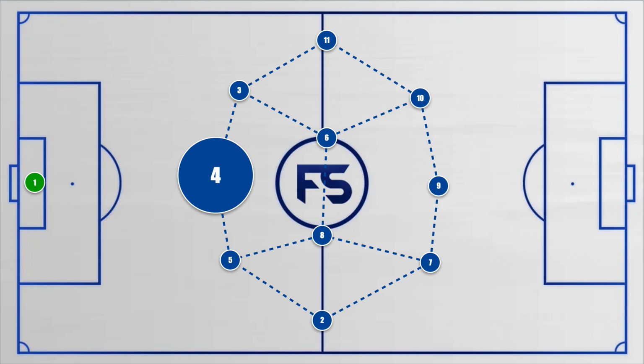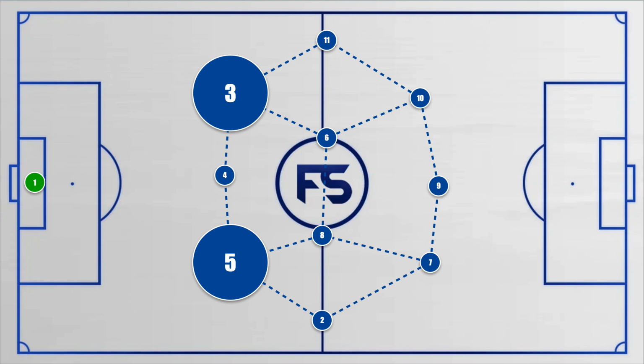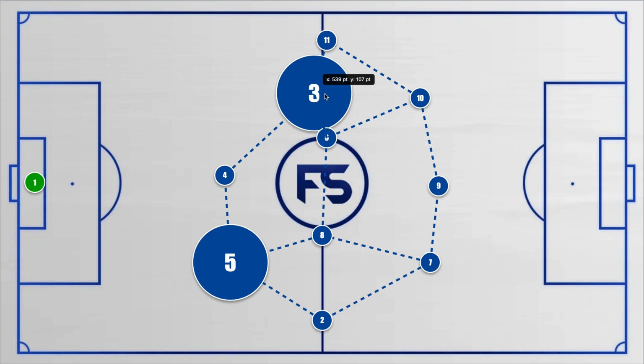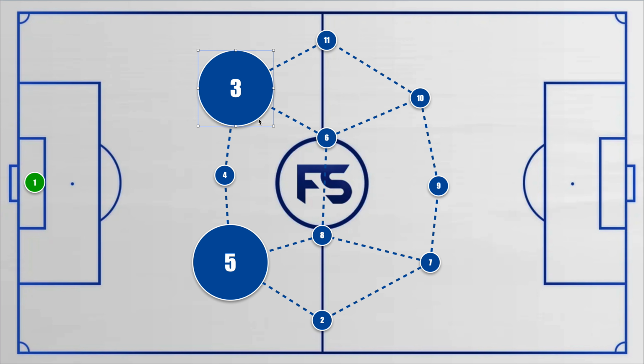So if they were to play this system, obviously you want a big, strong centre-back to be holding that middle. And then on the two sides, I think these are two key players for Barcelona. They would need centre-backs who are capable of moving out onto the sides, driving forward through the middle of the pitch into these areas, but also looking to play those long sweeping passes from one side of the pitch.